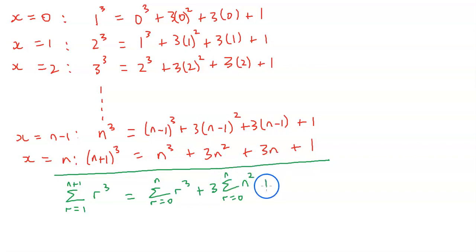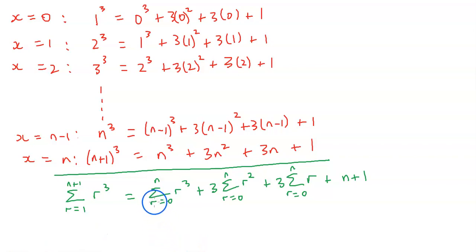And then plus 3 times the sum from r equals 0 to n of just r. I made a mistake, silly me. Shouldn't be n squared here, it should be r squared. And then lastly, we have n plus 1 lots of 1 added together. So the last term is just going to be n plus 1.